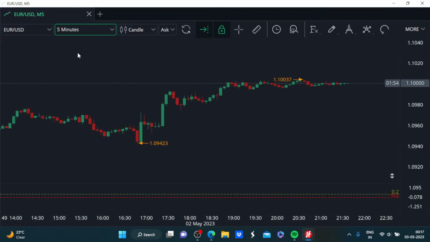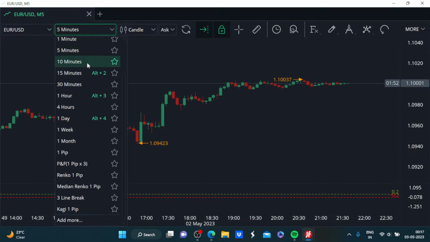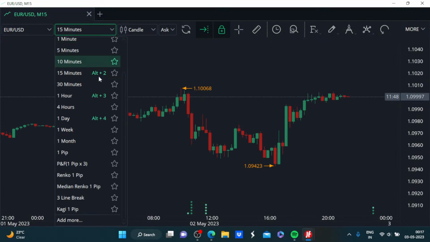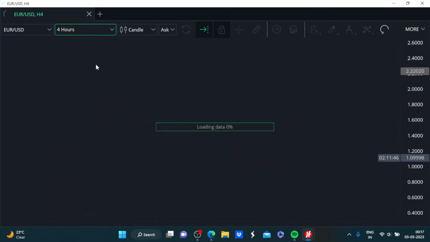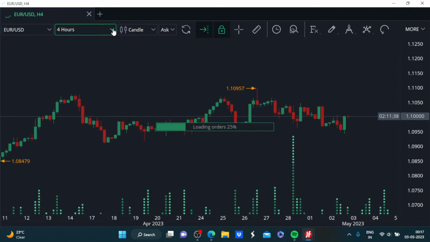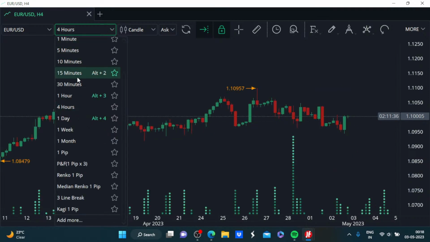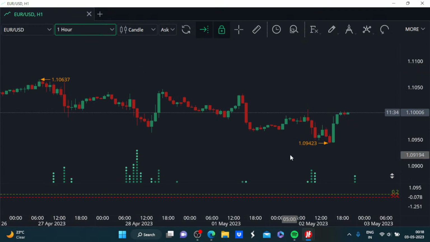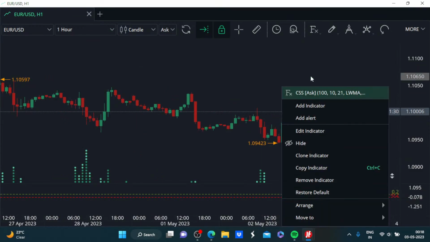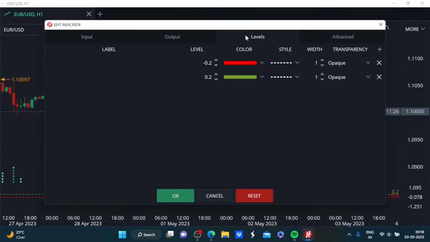And suppose for example I go for 15 minutes or any other candle period, it won't show up on the chart simply because we have the show indicator on hourly and 5 minutes option enabled for this indicator. Now I'm back on hourly, and so we have the CSS indicator back in play.